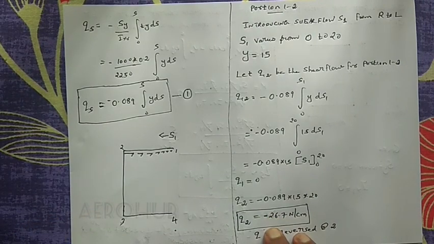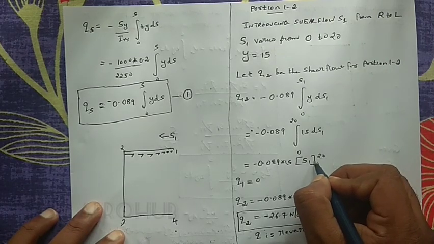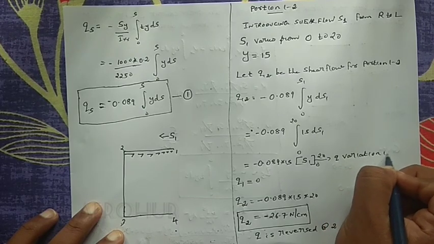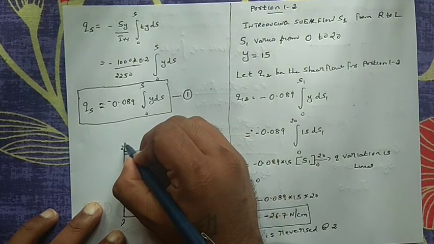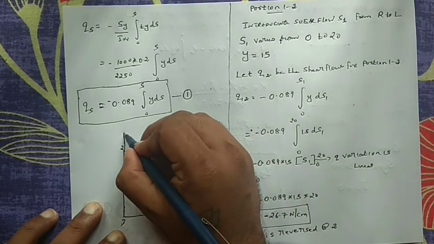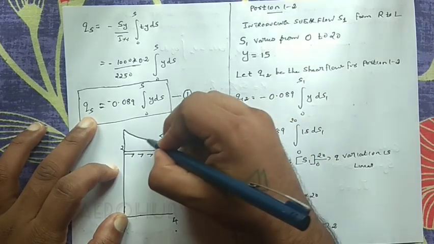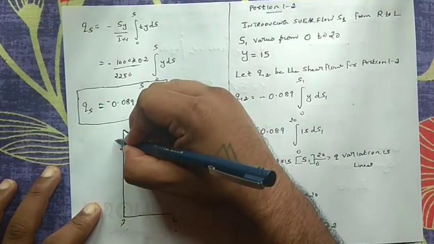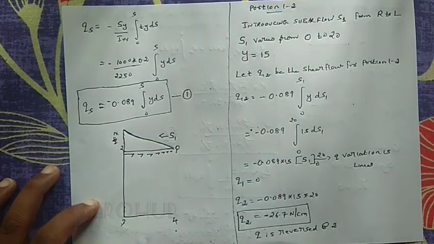The shear flow variation from this equation is linear. At point 2 it will be 26.7, and point 1 will be having 0 as the shear flow.